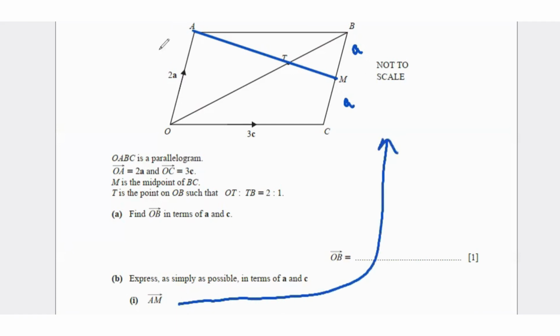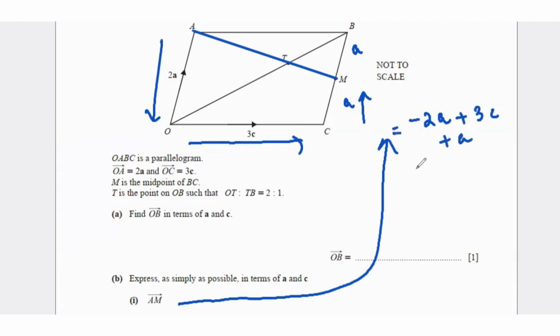We go from A to O, then from O to C, and then from C to M. So that would be negative 2a plus 3c plus a, which is going to be 3c minus a. That is AM.